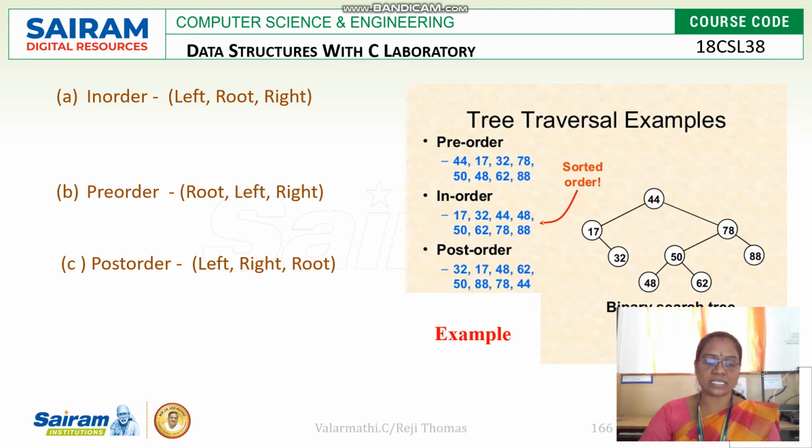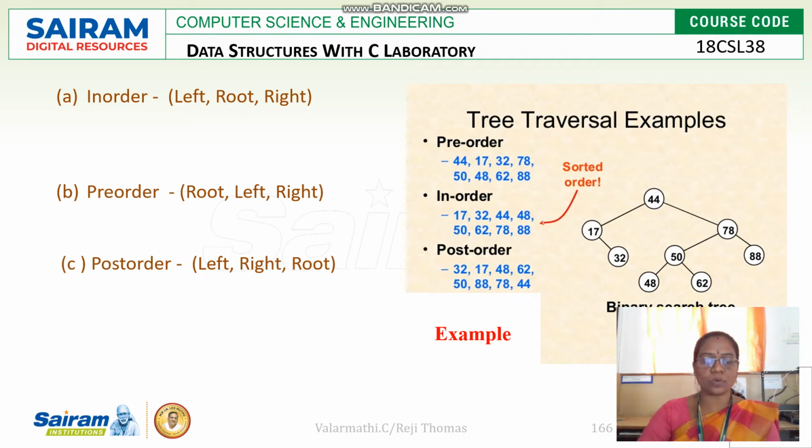In-order means the root is traversed in between the left and right sides. So the left subchild is traversed first, after that the root is visited, then it goes to the right subchild. This is the way of traversing in-order.